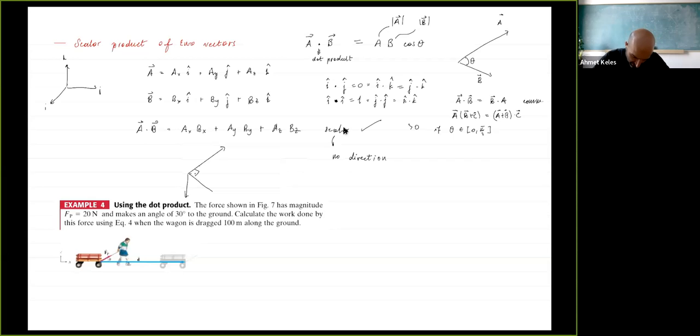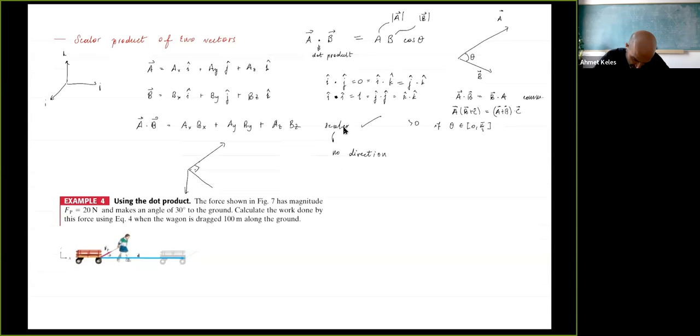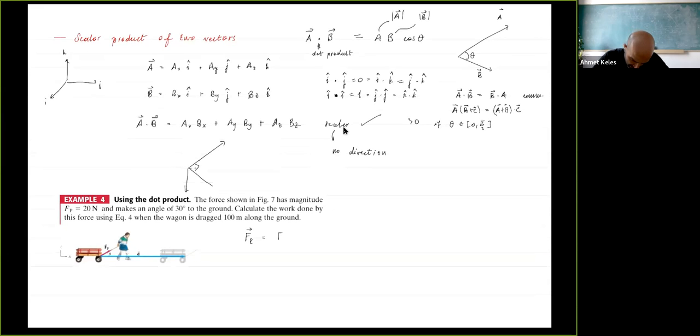For this, I want to decompose the force into its components. Let me write the force vector F done by P. It's going to have x and y components: F_P, the magnitude of P, times cosine theta along the i direction, plus F_P times sine theta times j hat.